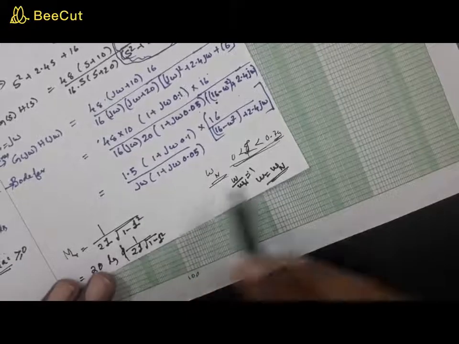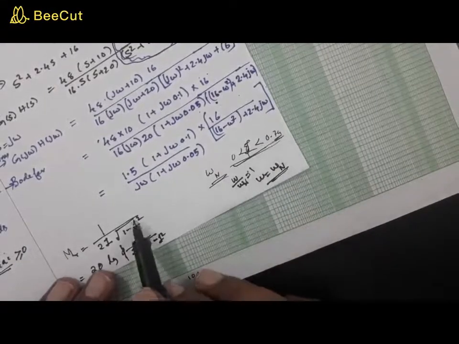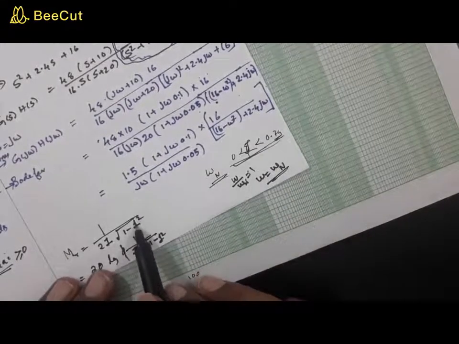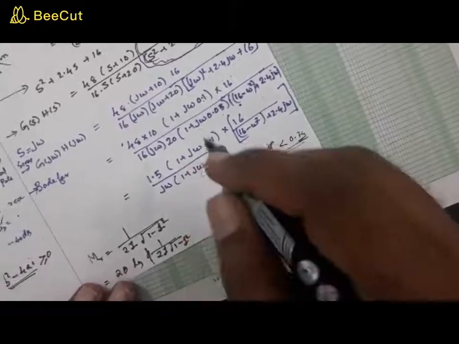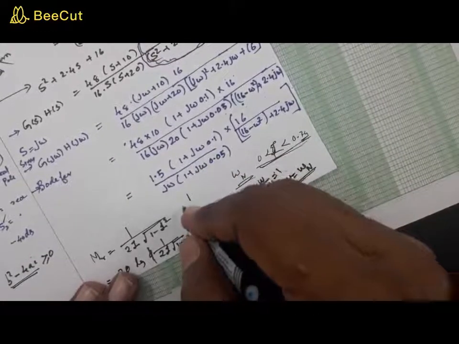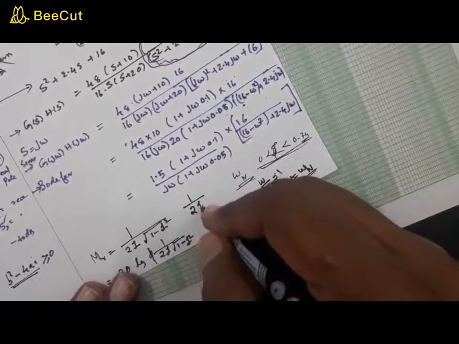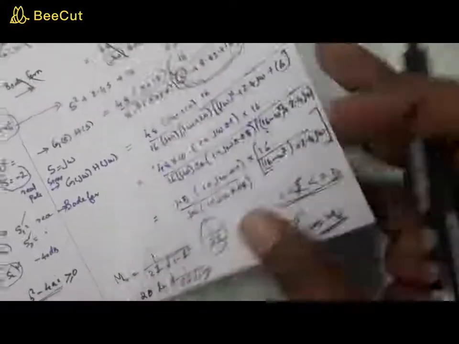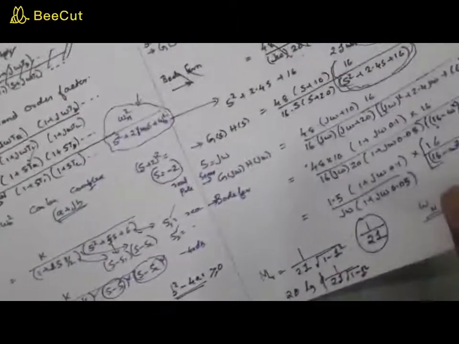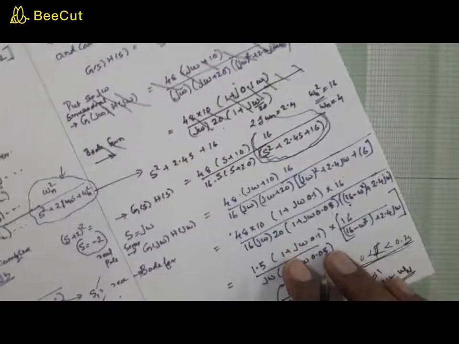Now since theta is in between this value, you can neglect this value, right? Theta square becomes much less than 1, so that this MR, the correction value, can be approximated to 1 by 2 theta. So you may find out the value of 1 by 2 theta for this graph. Now how to find out the theta?